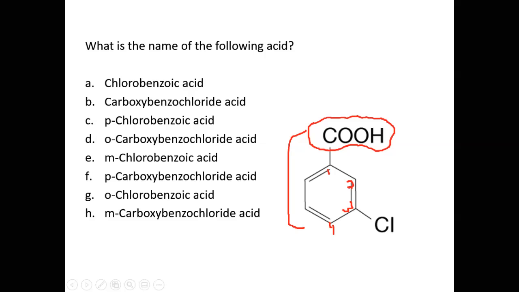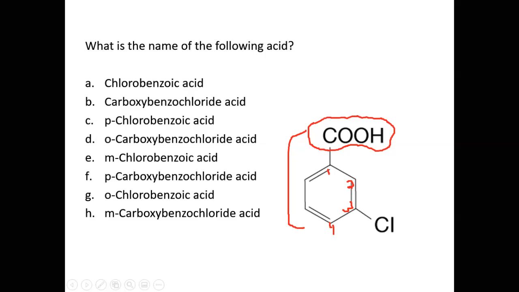It's ortho. If it's 2 positions away from the main reaction group, or it's on the third carbon, it's meta. And when it's 3 positions away from the main group, which is the fourth carbon, it's para.